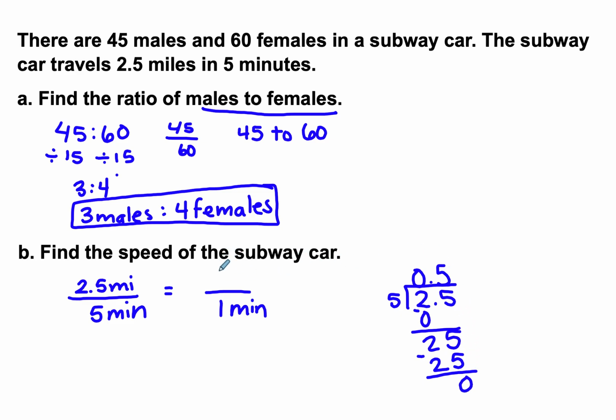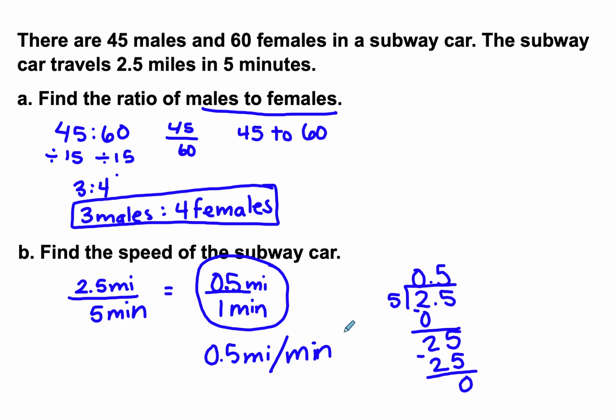So my rate here is going to be 1/2 or 5/10 miles for 1 minute. So I can write it this way, 1/2 miles for 1 minute. You could also write it like this, 1/2 mile per minute, or for 1 minute. There's always a lot of different ways to write with a rate, but you do have to have both labels as part of your answer.